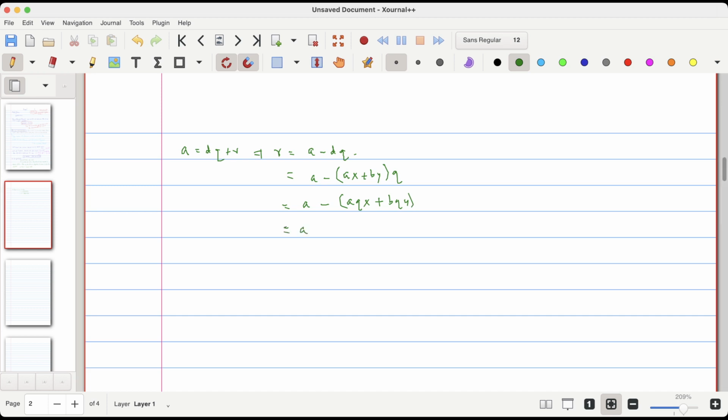So it's A minus AQX minus BQY, which we can write as A into 1 minus QX plus B into minus QY.